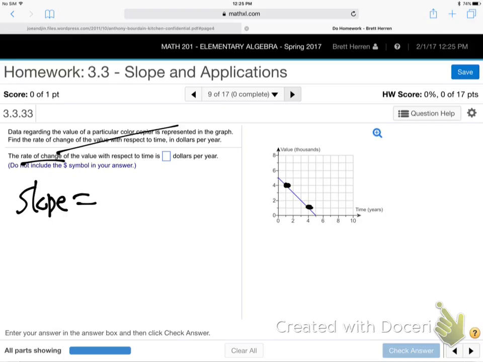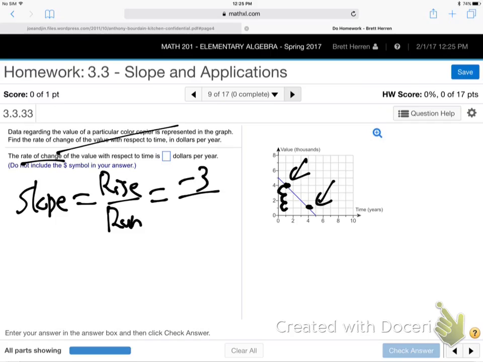Question? We good? So what's the slope? It's rise over run, like always. So we're going from this dot to that dot. So how do you go? 1, 2, 3. It's down 3. Over 1, 2, 3.